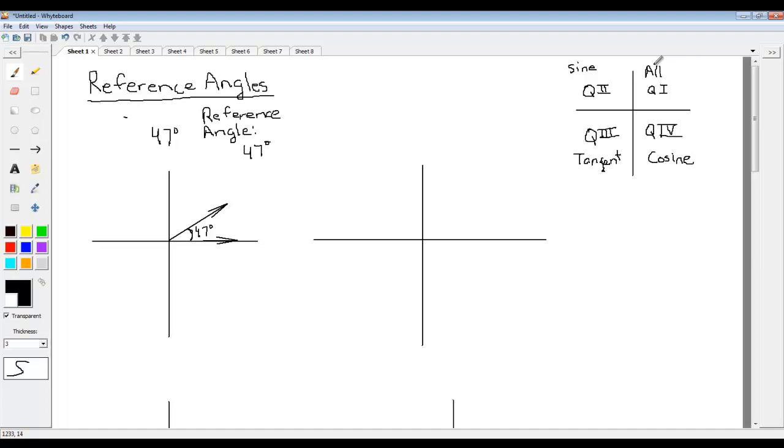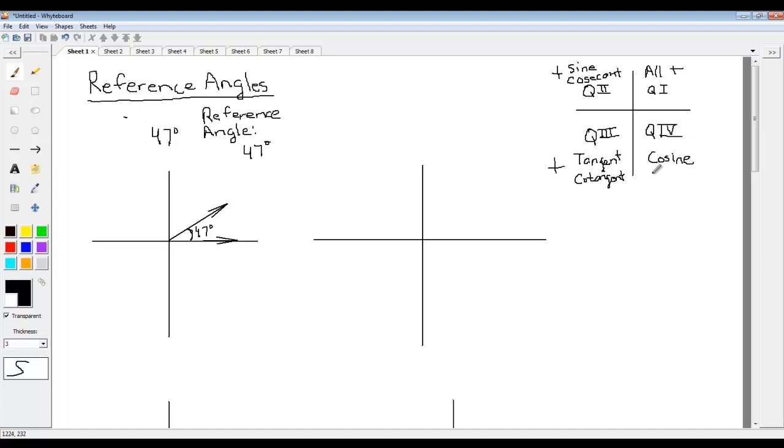Quadrant 2, when I say sine's positive, that same thing goes for its reciprocal, the cosecant. It's going to be positive. When I say tangent in quadrant 3 is positive, its cotangent is also going to be positive, and everything else will be negative in that quadrant.